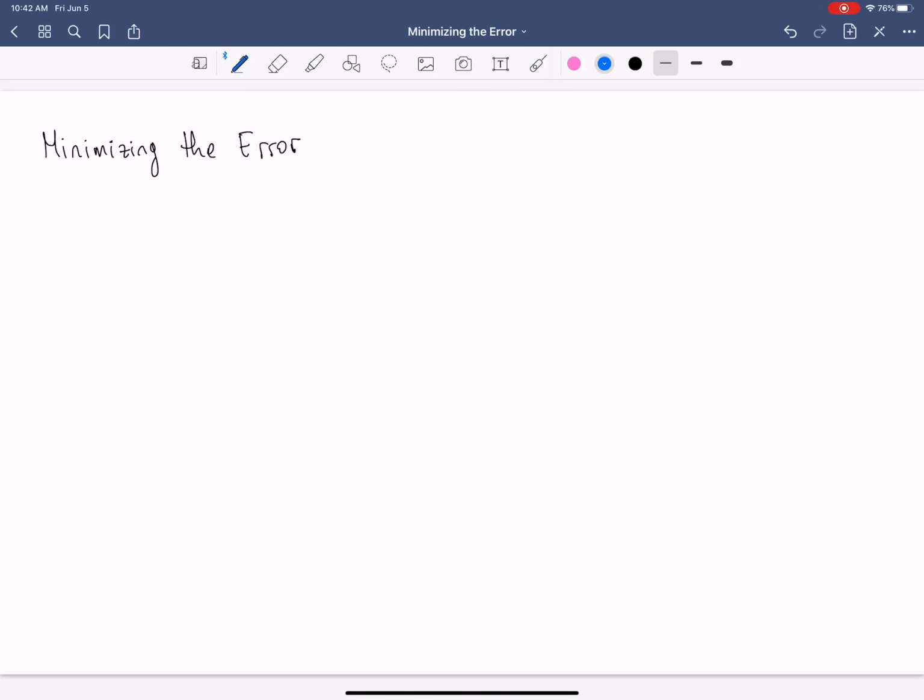As noted in the previous video, whenever we find an approximate solution to a problem, we incur an error, and we want to make sure that whatever approximation we are using, it is minimizing some kind of error.